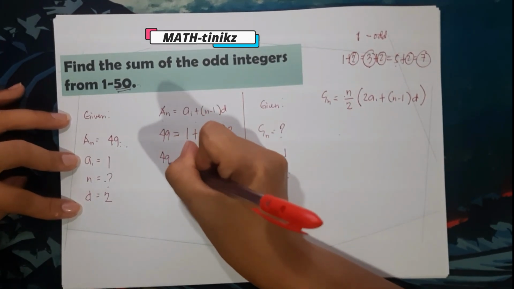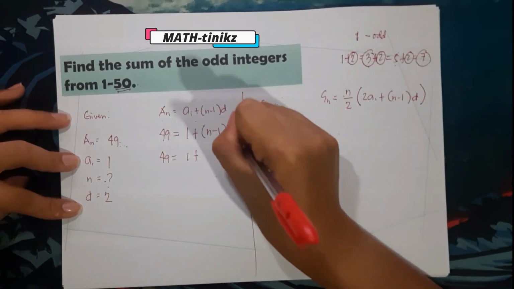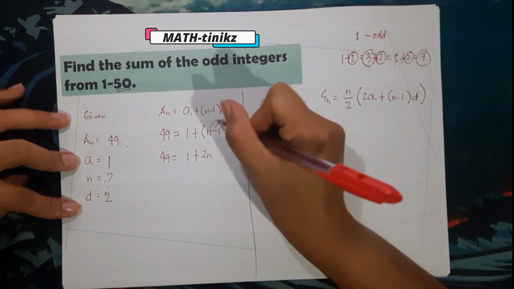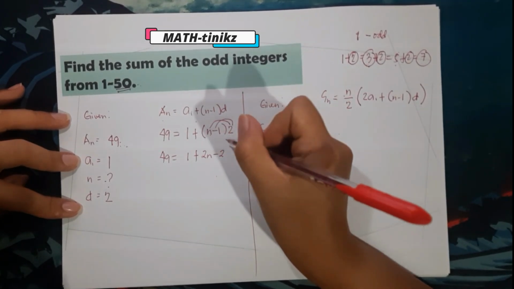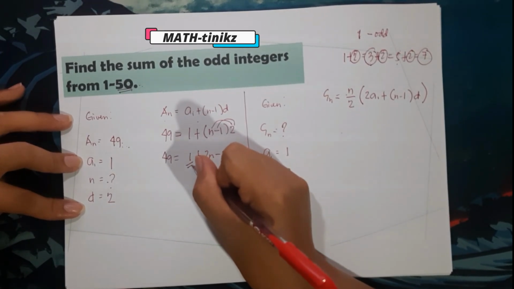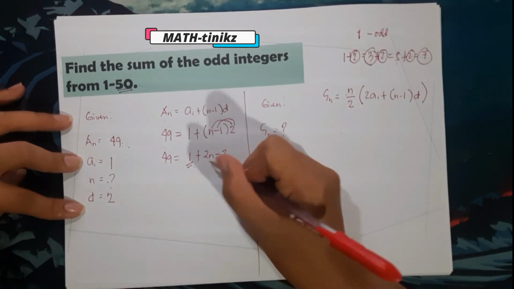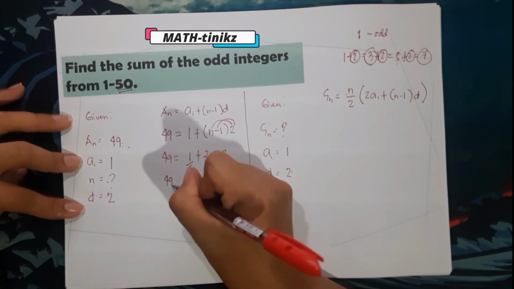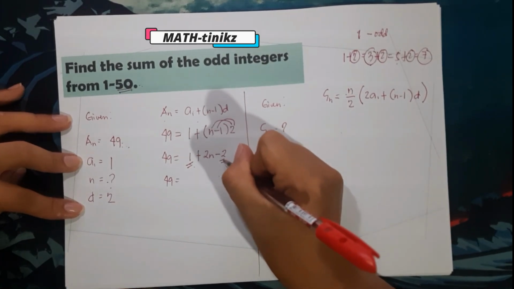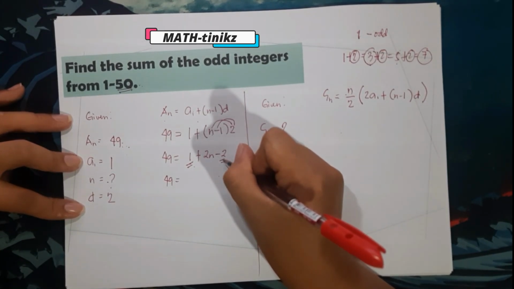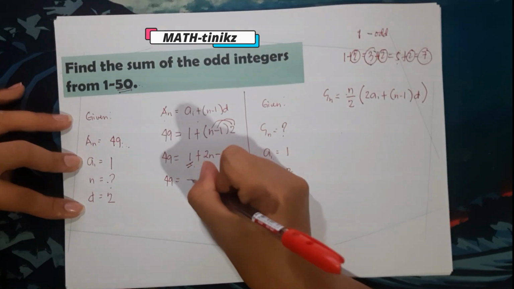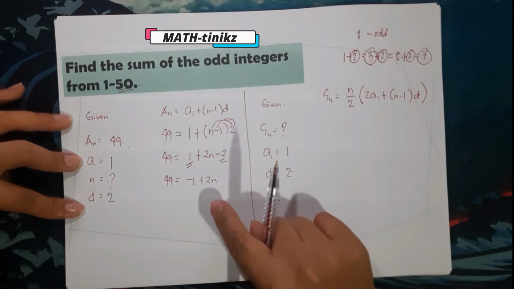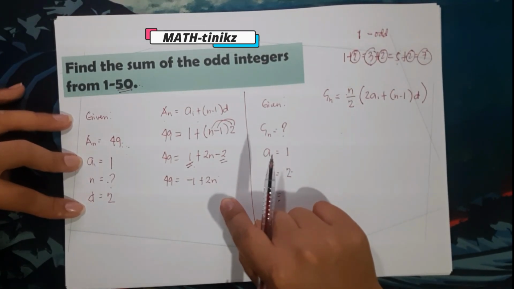So, 49, copy 1, plus, distribute 2 times n is equal to 2n. 2 times negative 1 is equal to negative 2. And again, combine like terms. The common terms here are 1 and negative 2. Now, copy 49, and 1 and negative 2 are not the same sign, so we need to subtract. So, 1 minus 2 is equal to negative 1 plus 2n. So, that 2n will remain here.